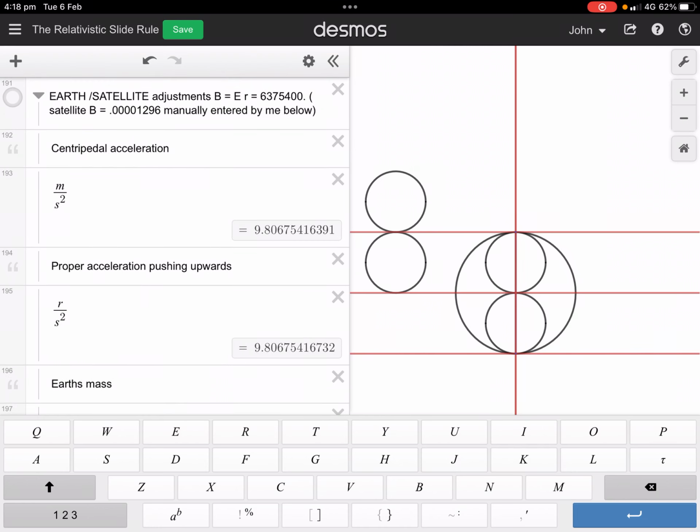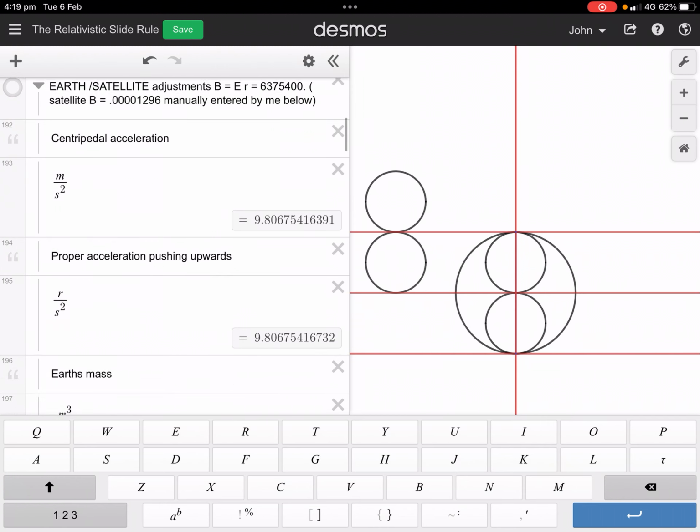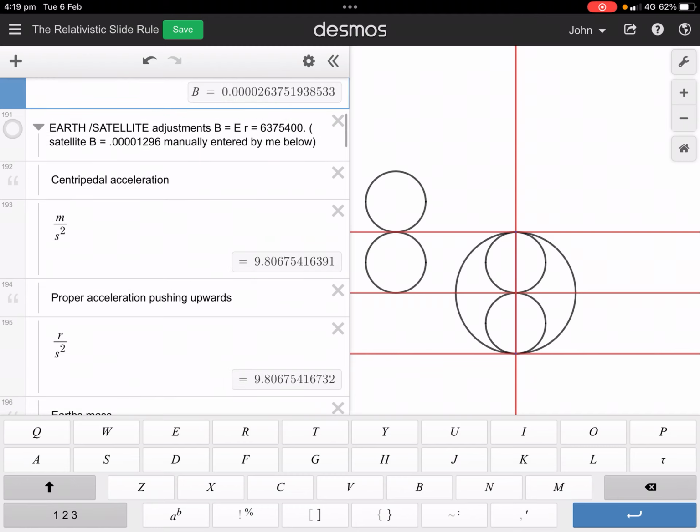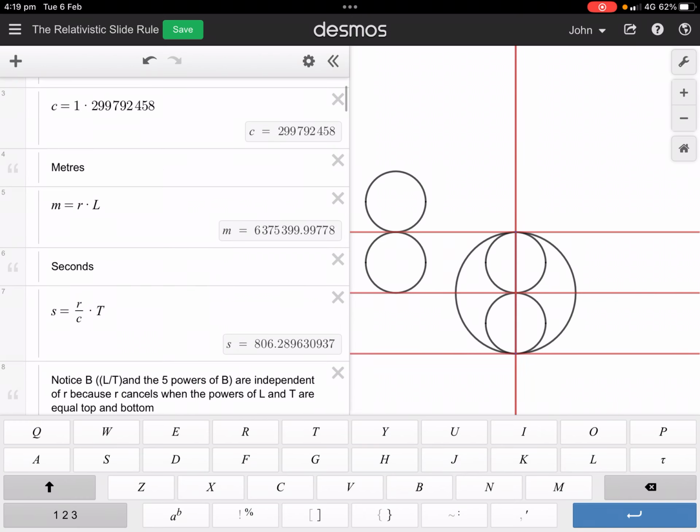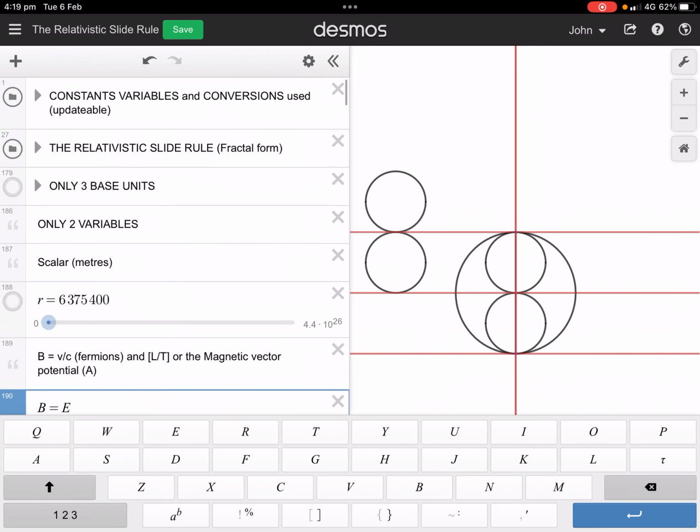So first of all, on the surface of the Earth, the centripetal acceleration is m divided by s squared, and I showed above how to convert L and T into meters and seconds. Here it is, meters and seconds, and all you need is the scalar r and the constant c.